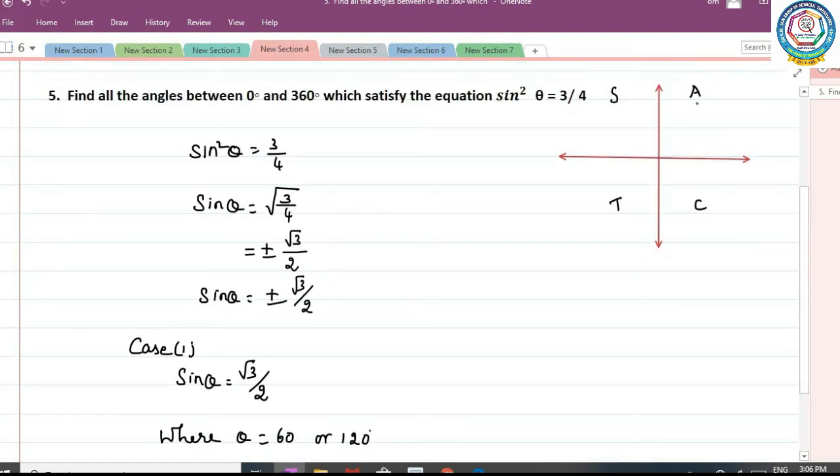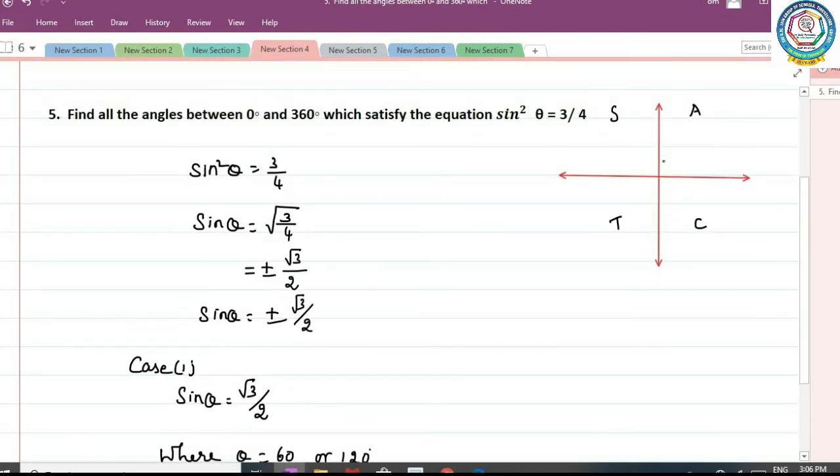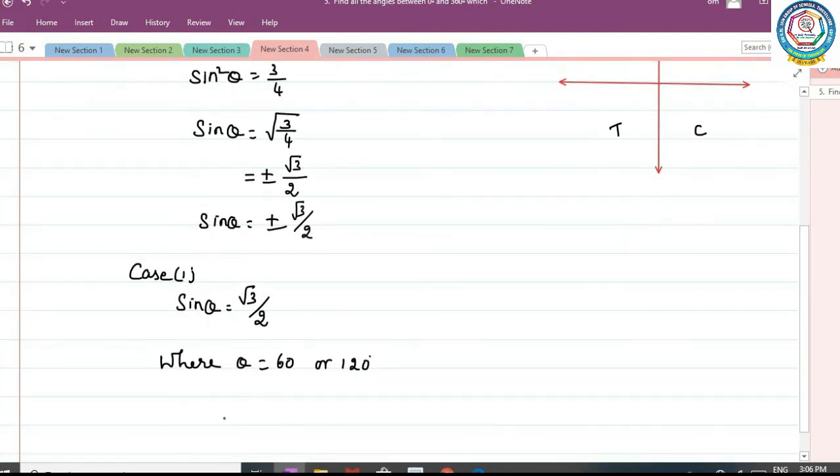In the first quadrant all trigonometric ratios are positive, in the second quadrant only sin is positive. So theta lies between 0 to 180 degree. Sin 60 is equal to root 3 by 2, or sin 120 equal to root 3 by 2.